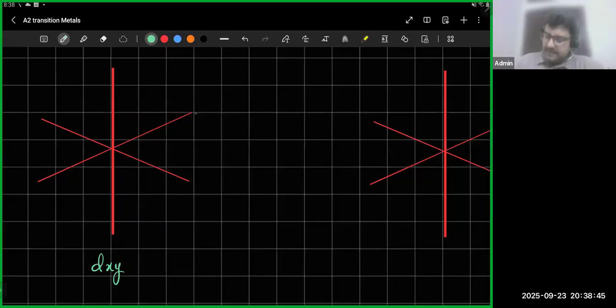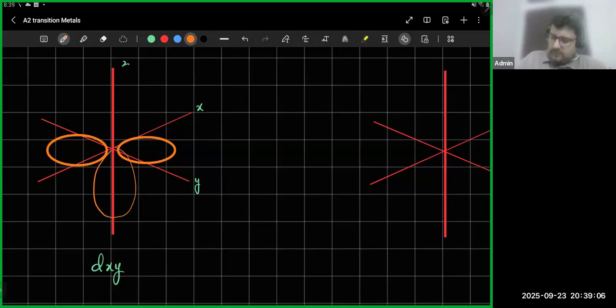So if this is your x-axis, this is your y-axis, this is your z-axis. The dxy means that your electron lies between the x and the y-axis.